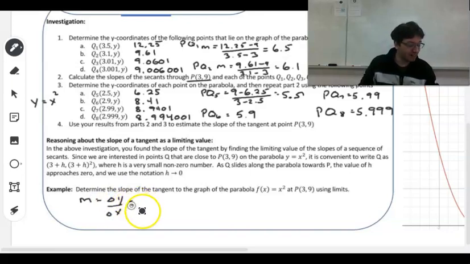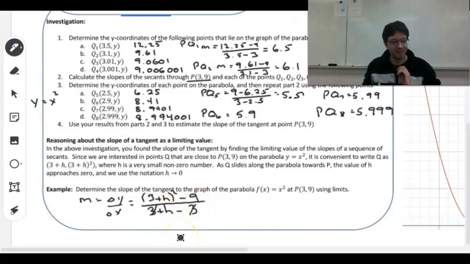Now our change in y is going to be (3 plus h) squared minus, so that's y2 minus y1, which for P is 9, all over x2, which is 3 plus h, minus x1, which is just 3. So notice on the denominator we have 3 minus 3, so that can go already.